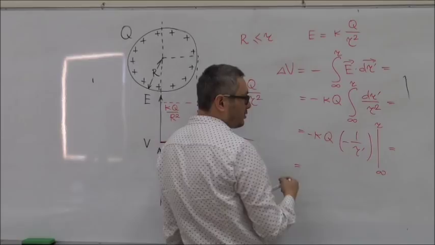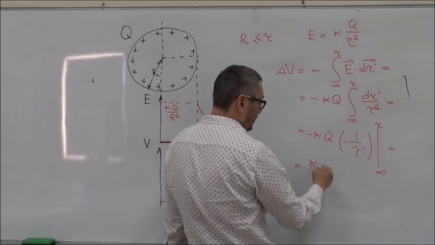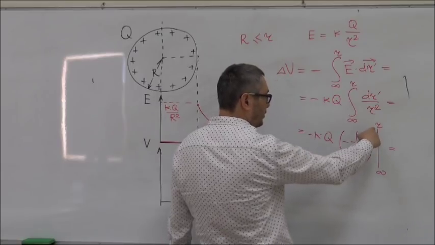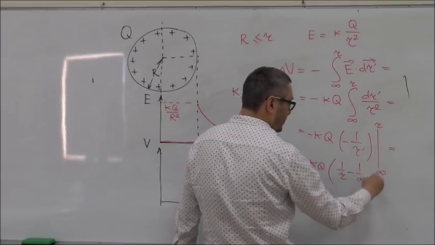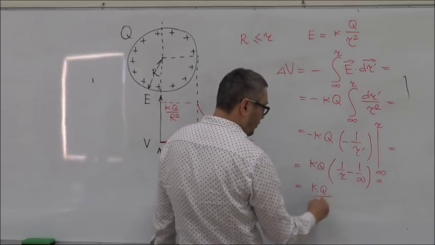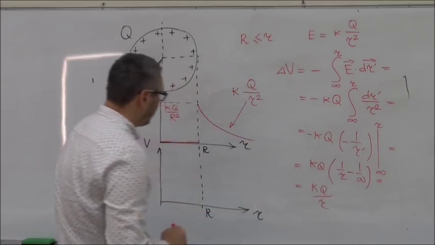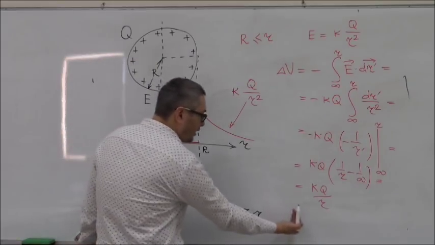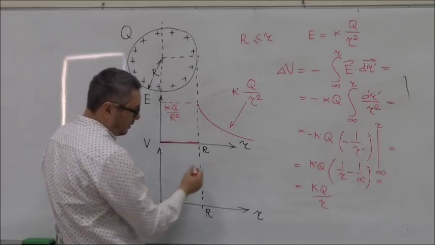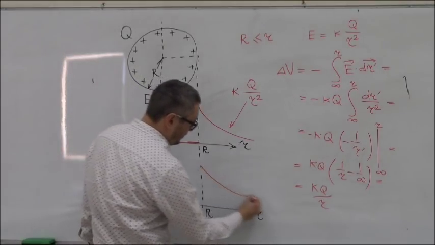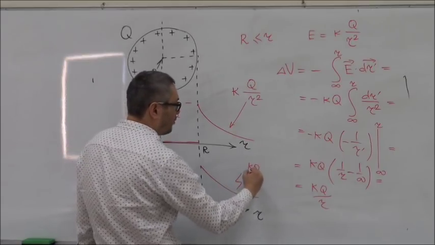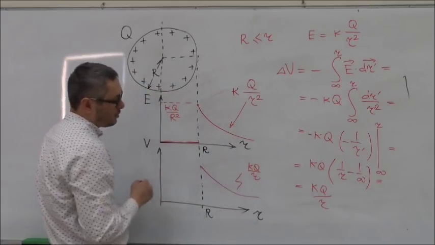Minus and minus cancel out, you get plus kq, 1 over r, that's the upper limit, minus 1 over infinity, that's the lower limit, and so overall you get kq over r. So you can say that on this side, when r is bigger than the big R, electric potential looks like this, and the dependence is kq over r without a square.